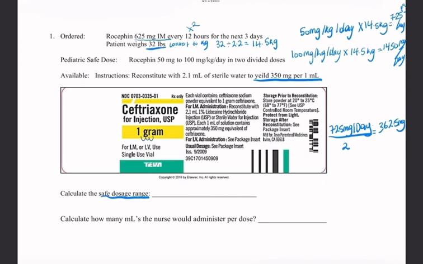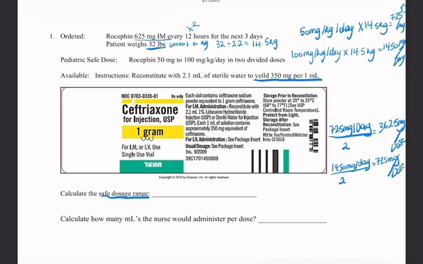When I did that, I get 362.5 milligram per dose. Then I'm going to do the same thing with the 1450 milligram per day, divide it by 2, and I'm left with 725 milligram per dose.